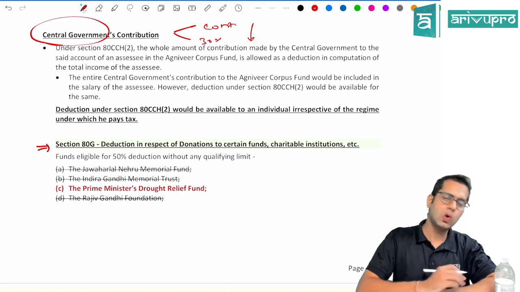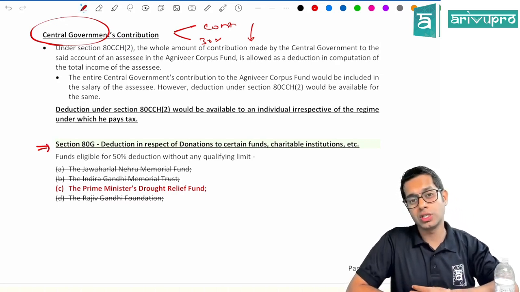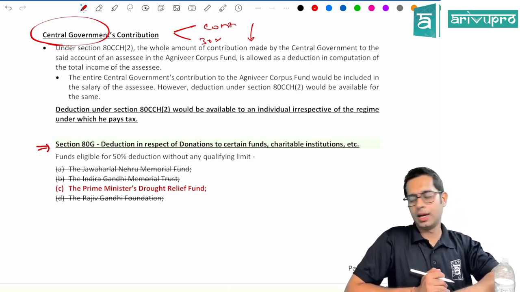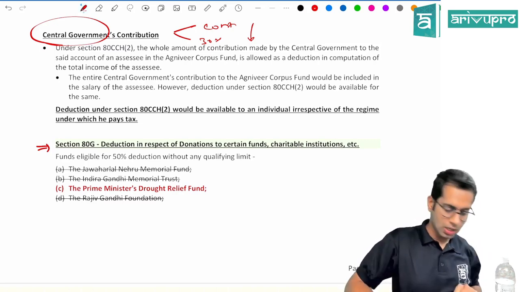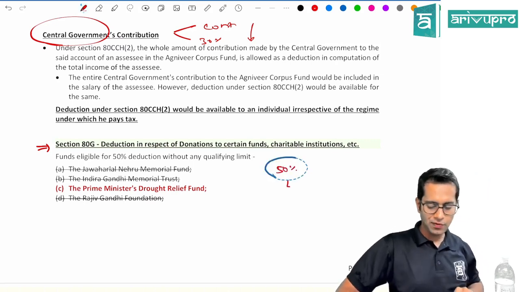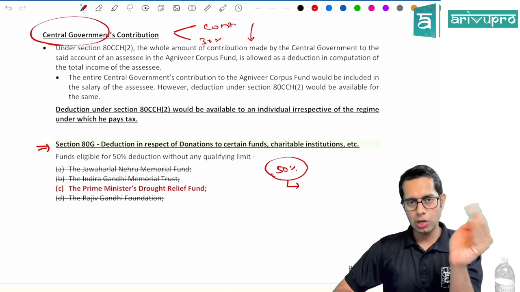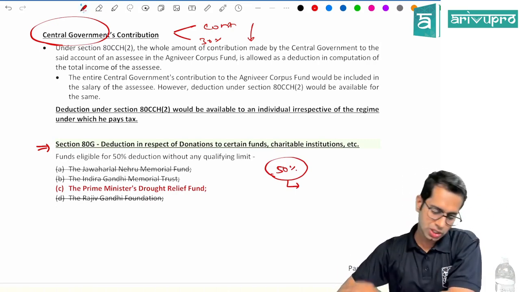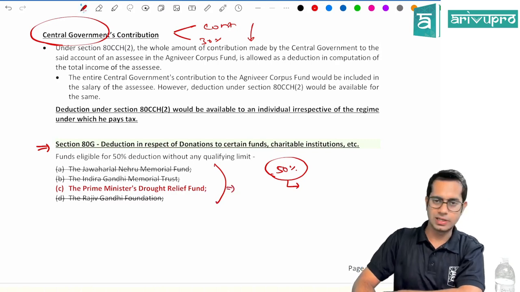Now there is one section called 80G. What does 80G talk about, sir? Donation: deduction if you make any donation. Now there was a criterion of 50%: whatever amount you are contributing, 50% of that will be allowed as deduction if you contribute the money to these funds.